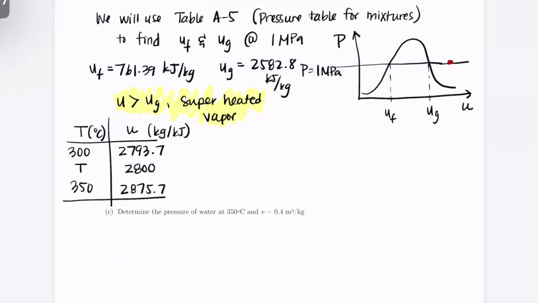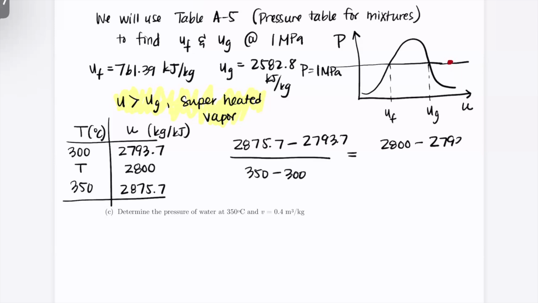Okay, so let's do our interpolation. So we're saying that 2875.7 minus 2793.7 divided by 350 minus 300 is equal to 2800 minus 2793.7 divided by T minus 300.